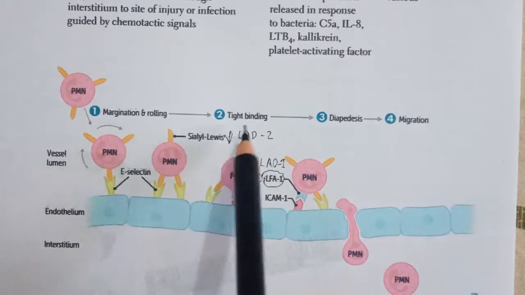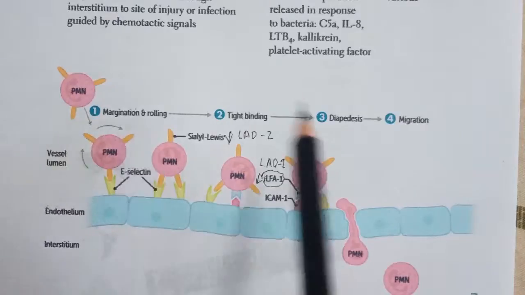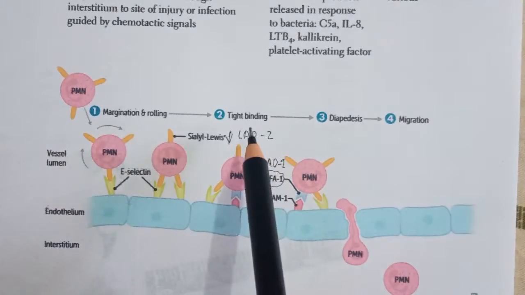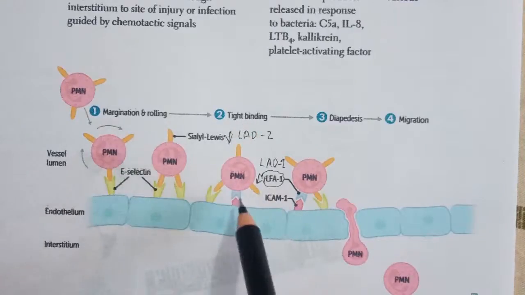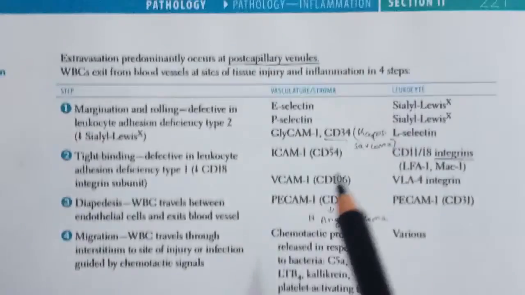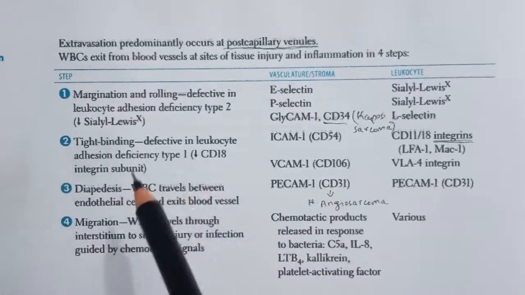Margination and rolling is some sort of loose attachment. Tight binding is like tight. Tight binding is generally done with the help of integrins and ICAM or VCAM, as we have seen here. These integrins, ICAM, VCAM are tight binding.